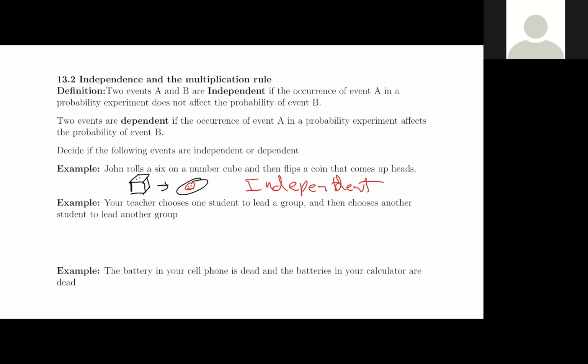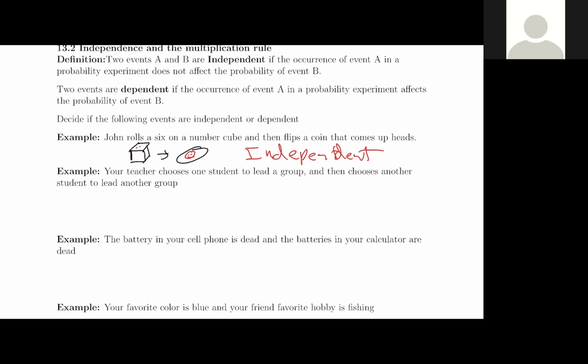So say we have a class, and let's say it has 6 students. So we're going to pick the leader for group A, but we're also going to pick the leader for group B.